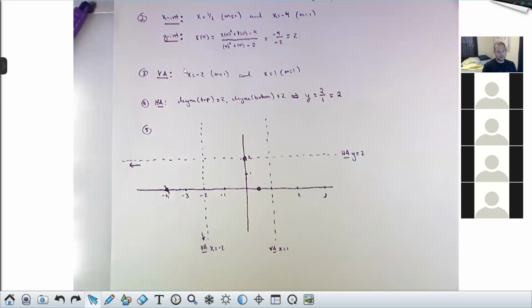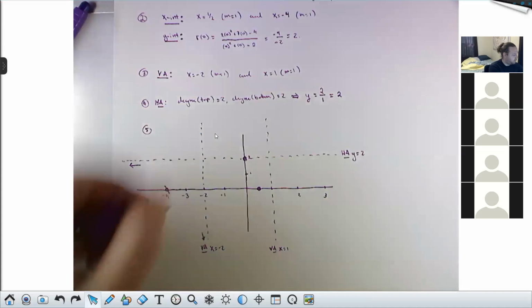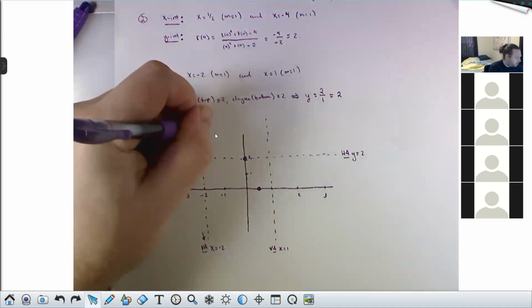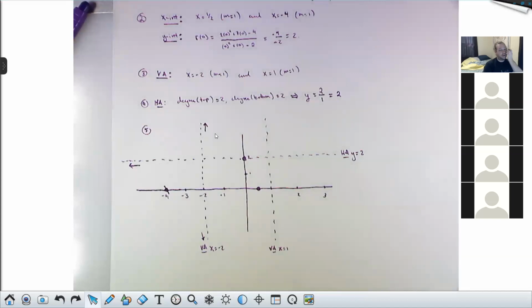This VA is coming from an odd multiplicity factor. So am I going to stay negative or am I going to change sign and become positive? Change sign. We're going to change sign, right? Because my function is negative just to the left of -2, and this is an odd multiplicity VA, that means I've got to come back from above.